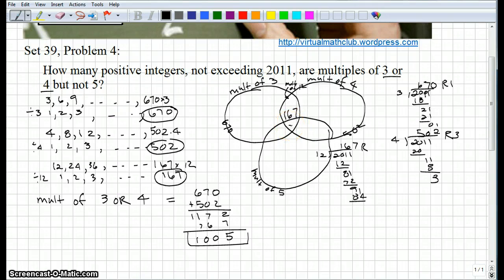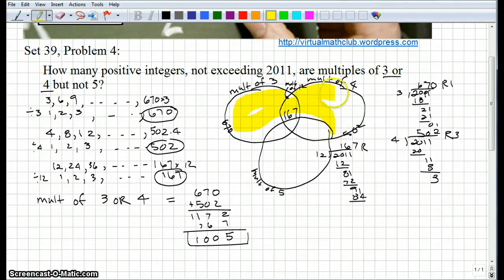So, in order to find the multiples of 3 or 4, but not 5, we want everything in these two sets. Let me actually get a highlighter here. So we want everything in these two sets, but not in the bottom set.